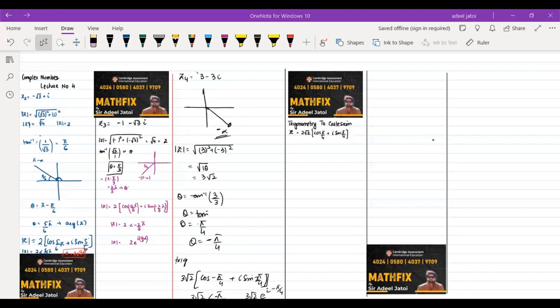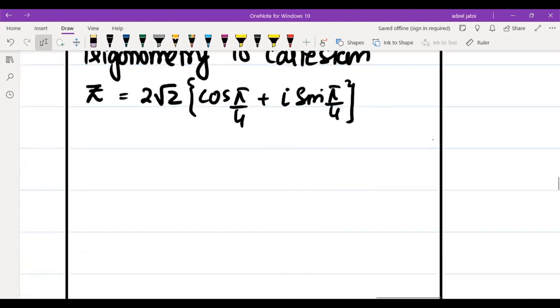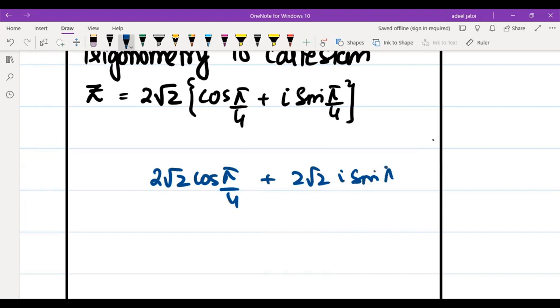Okay, ji, moving further now, let's work upon trigonometric to Cartesian form. So if we see 2 under root 2 multiplied by cos pi upon 4 plus 2 under root 2 multiplied by iota sine pi upon 4.